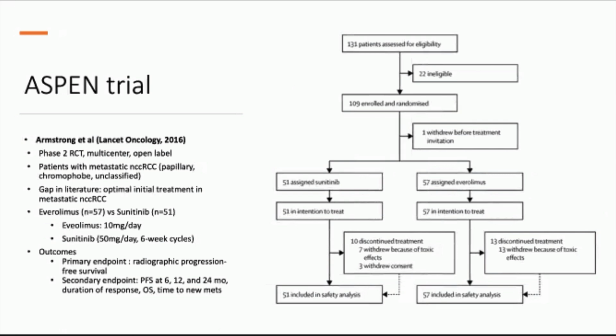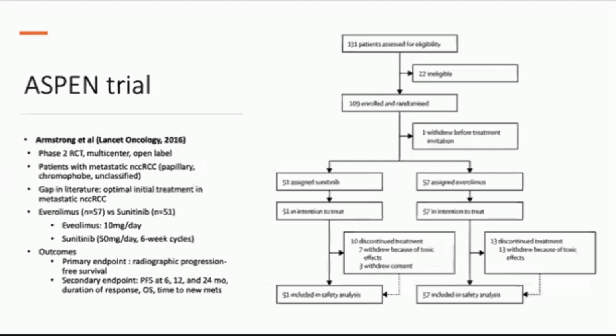Next is the ASPEN trial, which is an important early RCT in this disease space, and it evaluated the efficacy of everolimus compared to sunitinib, and they included only patients with NCC-RCC. They were trying to fill in the gap in the literature on the optimal initial treatment for these patients, which at the time was not established because other trials conducted were excluding these patients oftentimes.